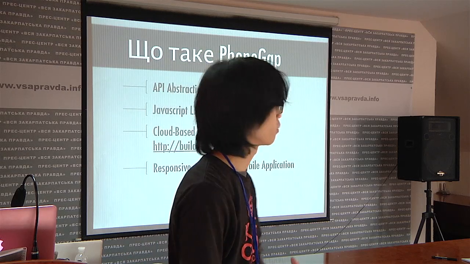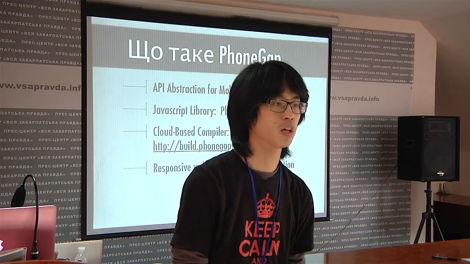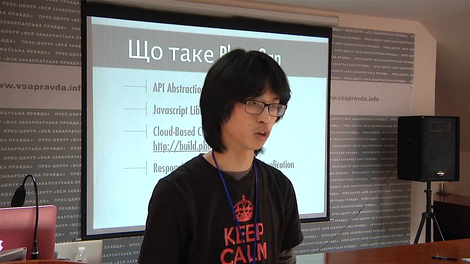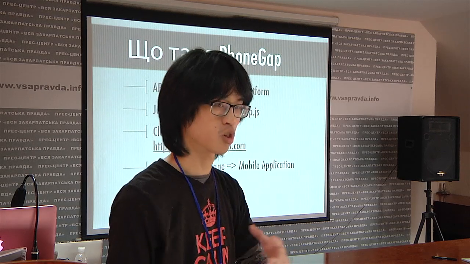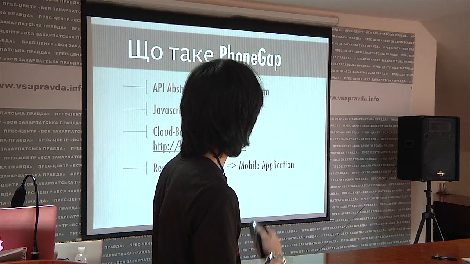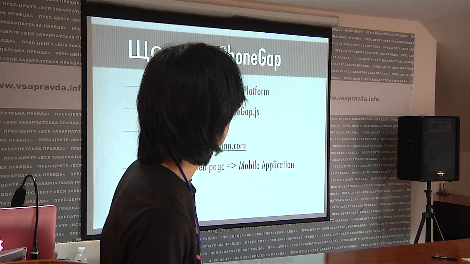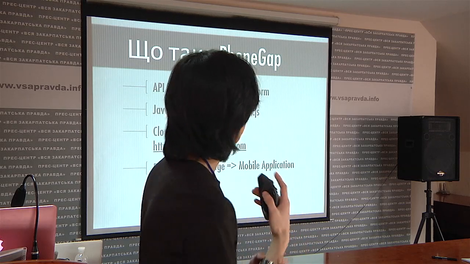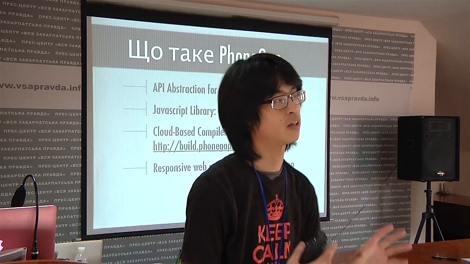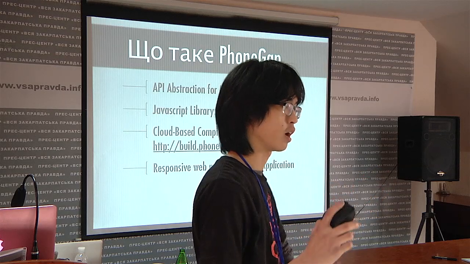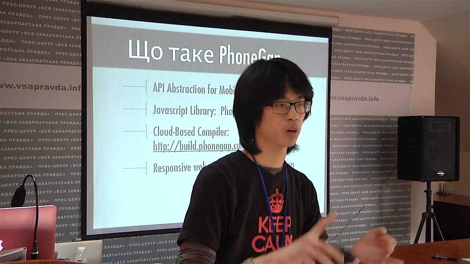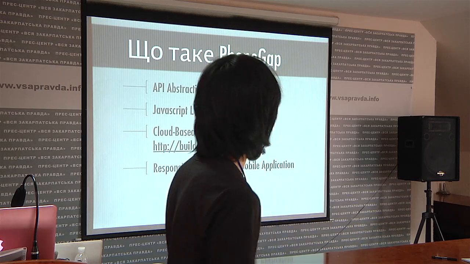So we talk about PhoneGap. It's an online tool created by Adobe, who makes Photoshop and such software. And they have an API for the mobile platform. It's called PhoneGap.js. And it's a compiler that's in the cloud. You go to the website, you upload the zip file, and it creates the APK and the iOS files for you to download onto your phone.